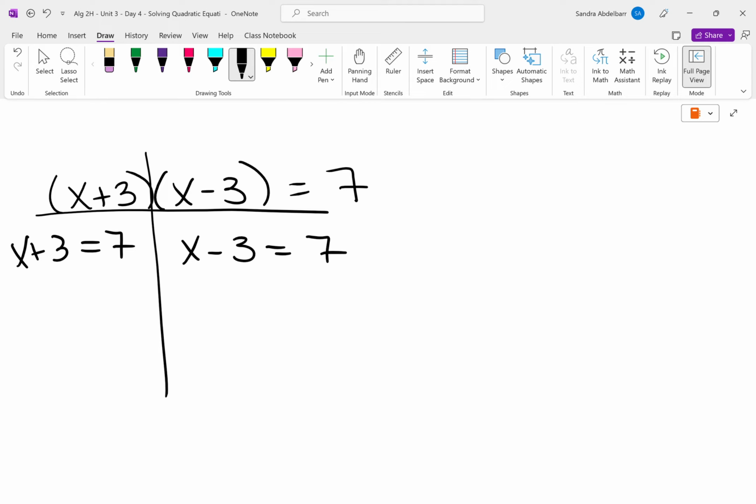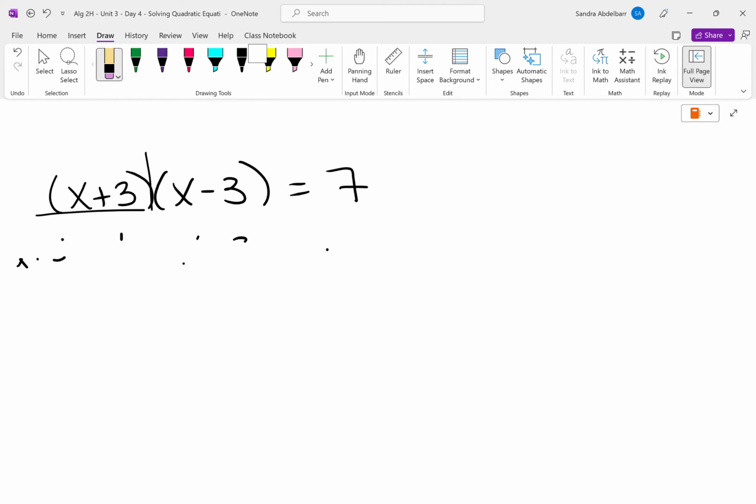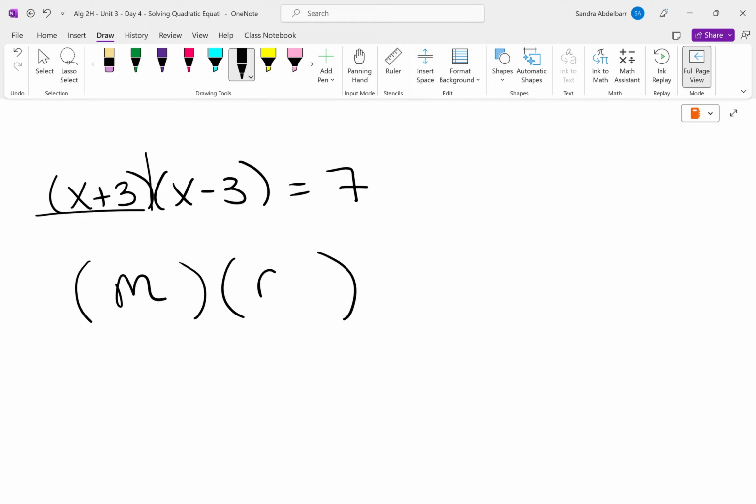Why? It has to be set to 0. Is 7 0? No. Guys, let me explain to you why it has to be set to 0.